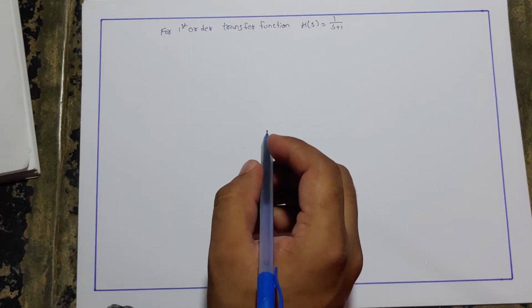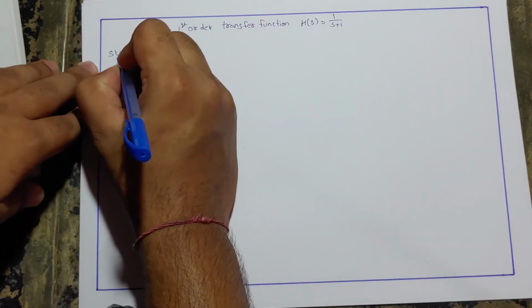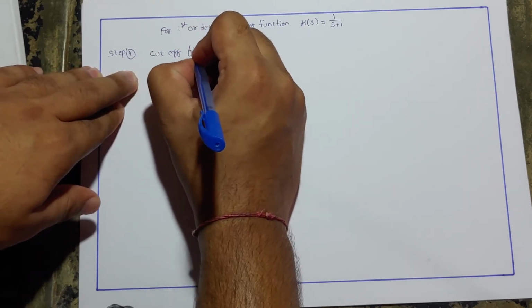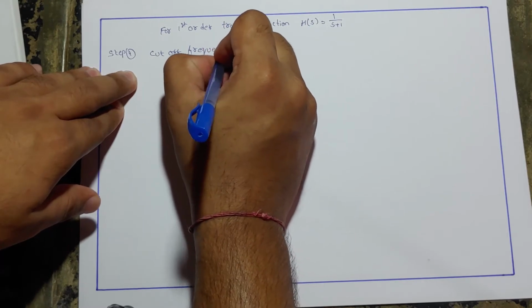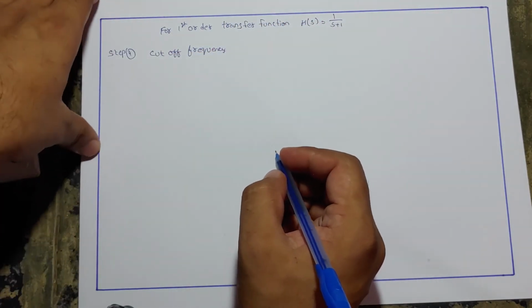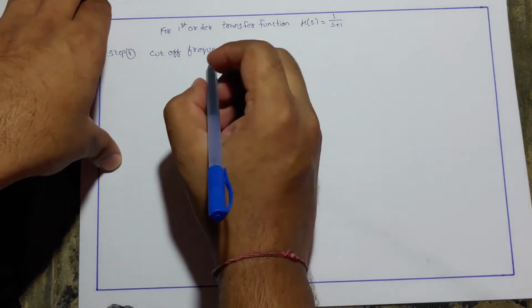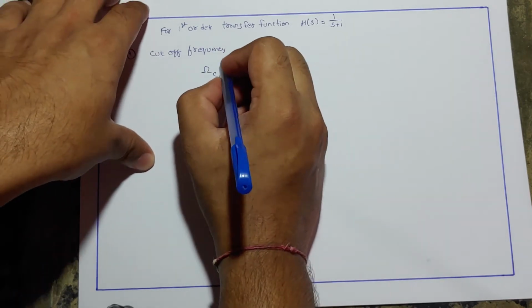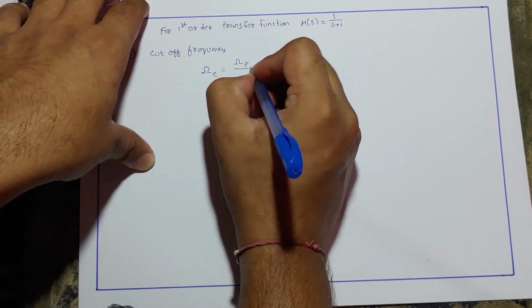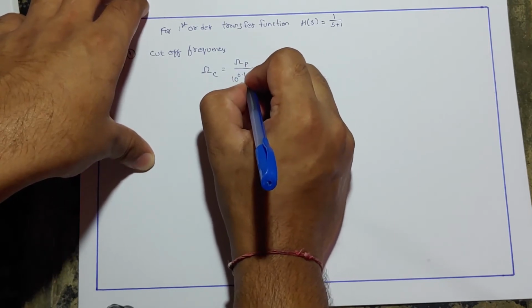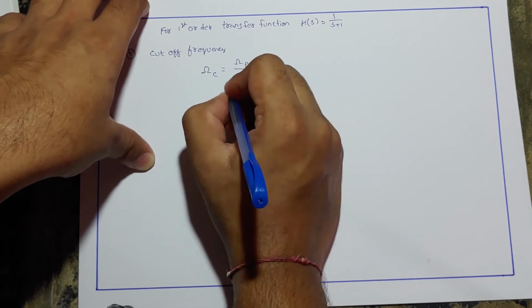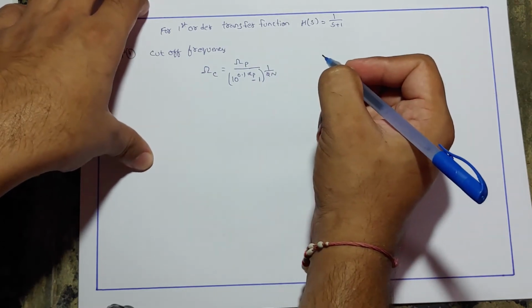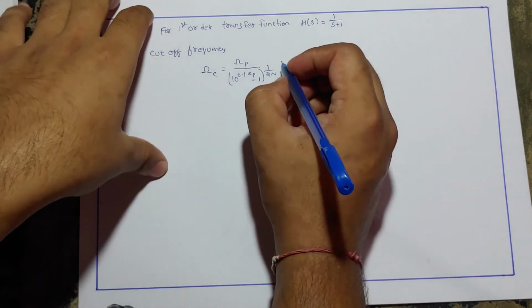Now in the next step, step 4, we have to find the cutoff frequency. Here it was asked for omega c, that is omega c is equal to omega p by 10 to the power of 0.1 passband attenuation minus 1, multiplied with 1 by 2n, where n is the order of the transfer function, which is in this case 1.